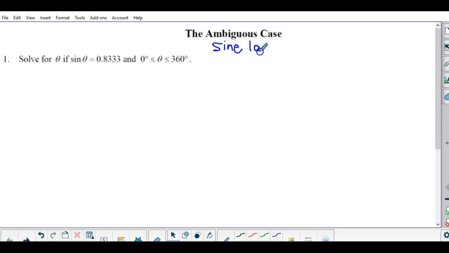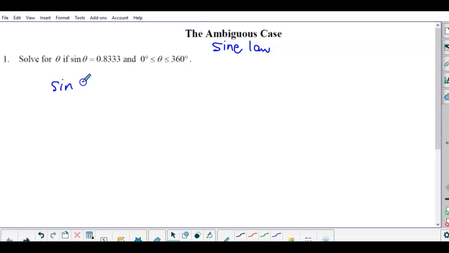It means that we could have two angles when we solve for an angle in the sine law. So it's always to do with angles, and it means there might be two different ones, two possible answers. First, when we solve the sine law for an angle, we end up with sine of an angle equals some number.